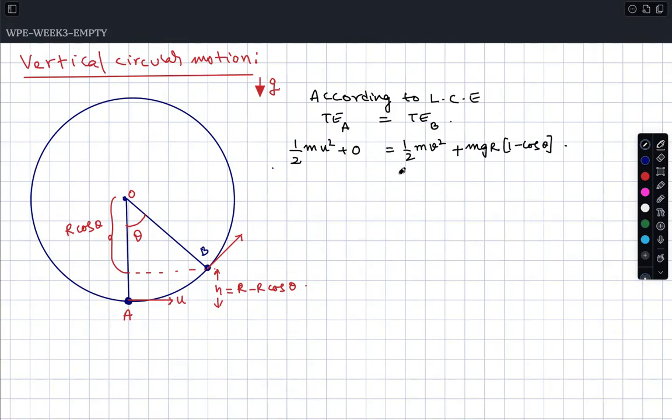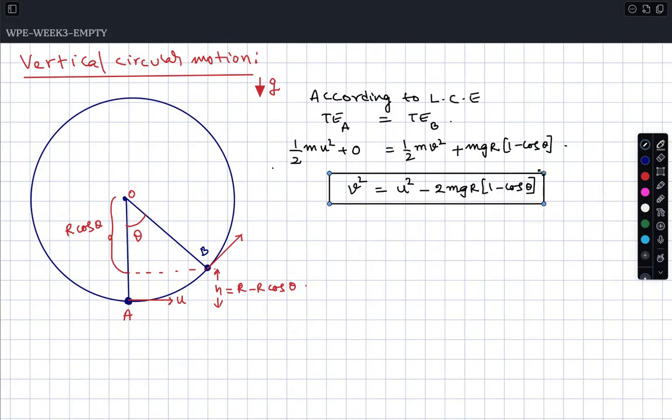I can make it v square is equal to u square minus 2 g R (1 minus cos theta). This is one relation. This will help you in writing the equation for v.